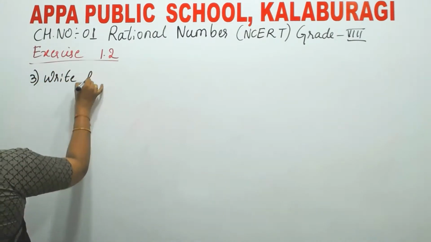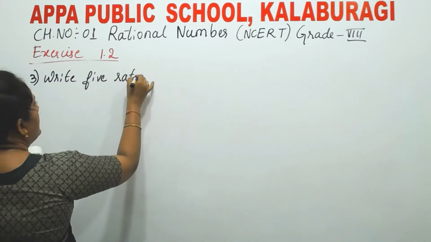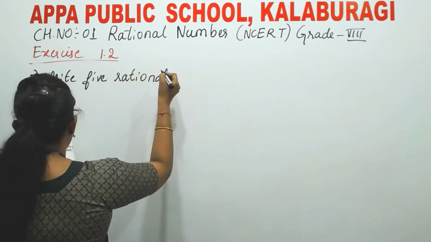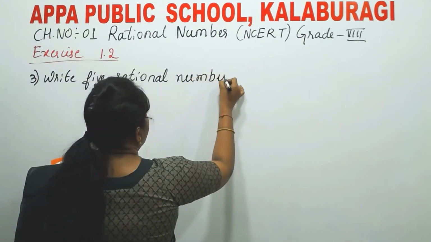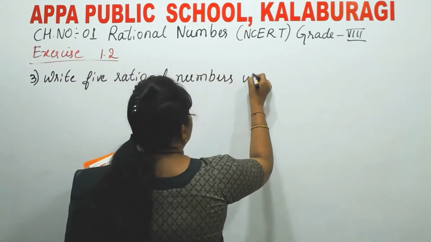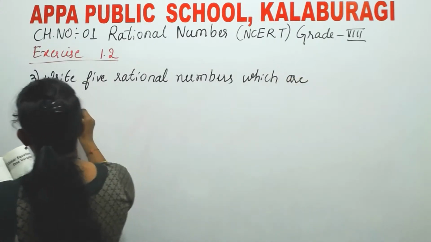Write 5 rational numbers which are smaller than 2.